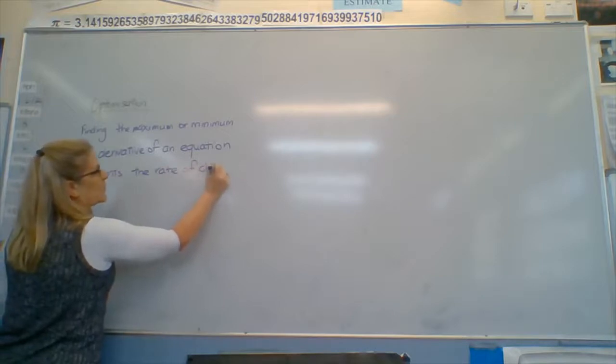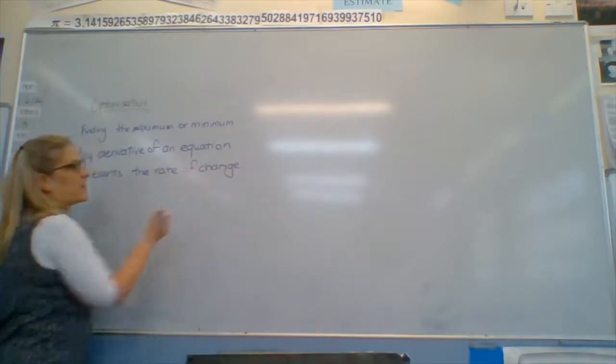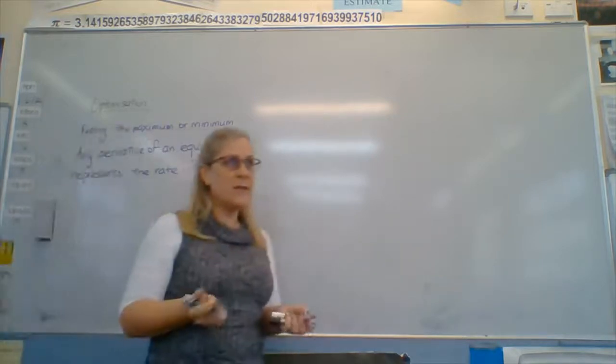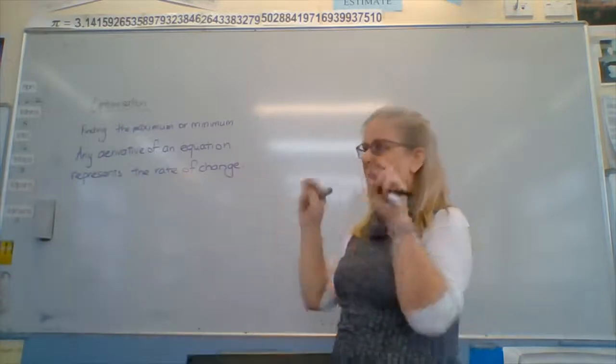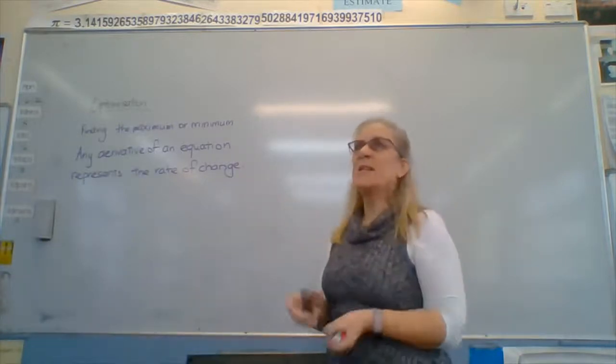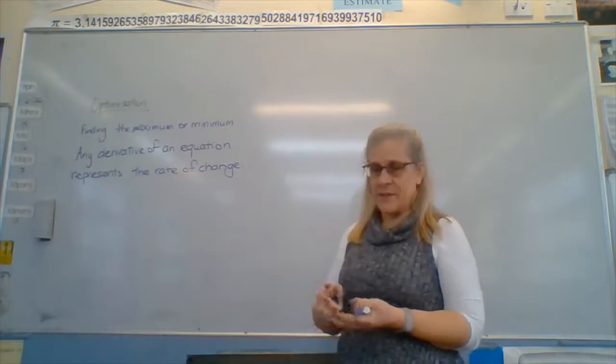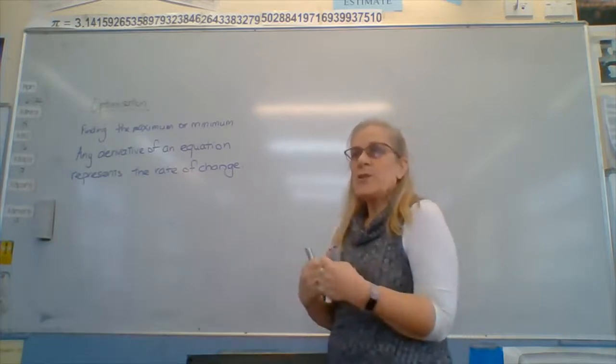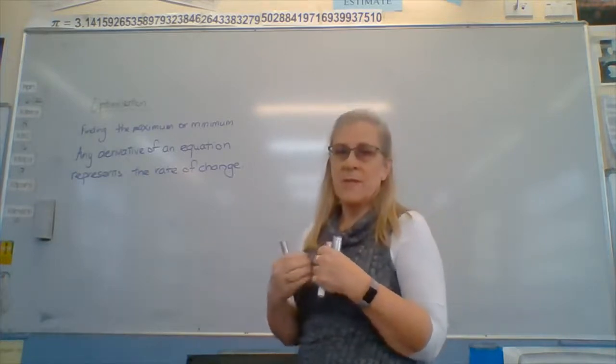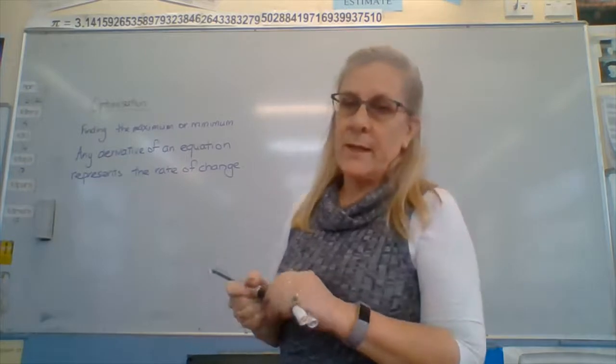So if we dealt with graphs and things, we know that the rate of change for graphs is the gradient, so we've dealt with it in a pure mathematical sense as far as a graph is concerned. Now we're going to try and deal with it in the form of some sort of application.